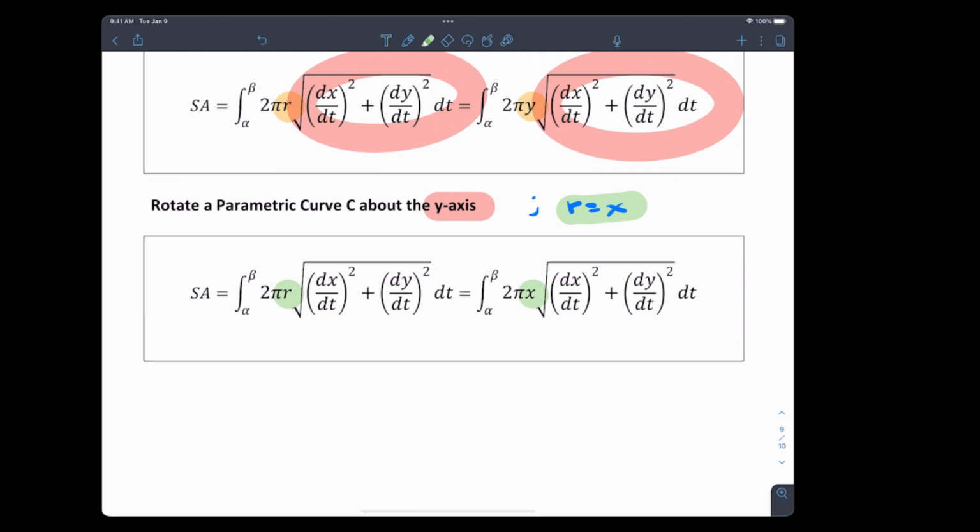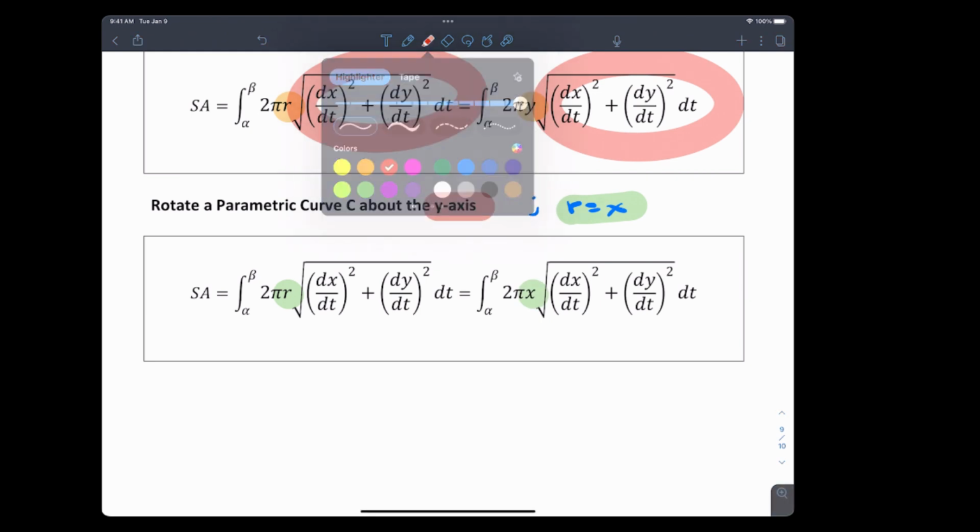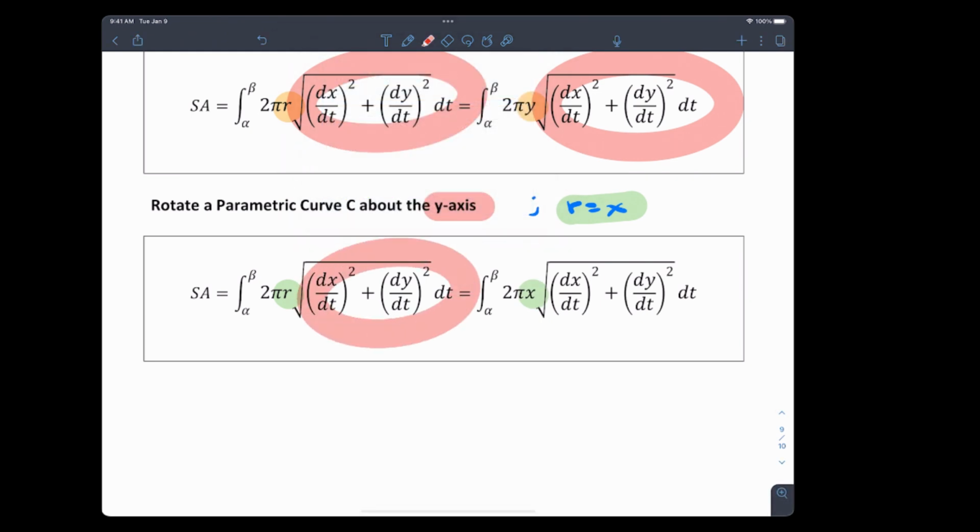The radius is x. Isn't this your ds? You guys good with that one?